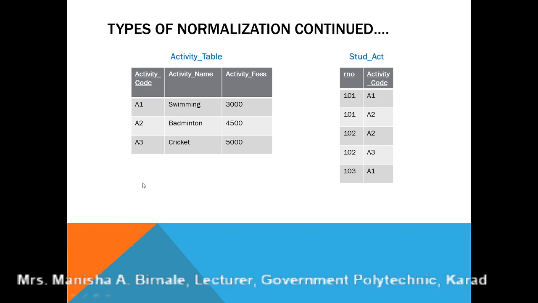And the database is said to be in third normal form if it is in second normal form and there is no transitive dependency, means dependency on non-prime attribute should not be present there. Then that database is said to be in third normal form.